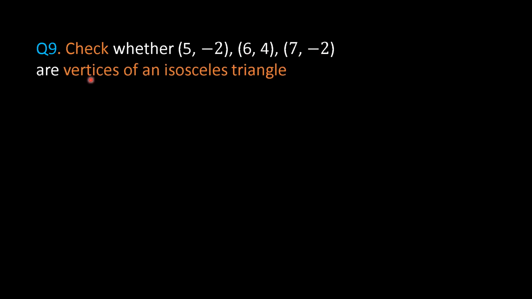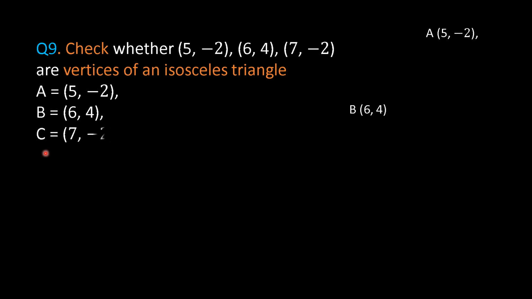In question 9, we have to check whether (5, -2), (6, 4) and (7, -2) are the vertices of an isosceles triangle. Let us name the points. A is (5, -2), B is (6, 4), C is (7, -2).